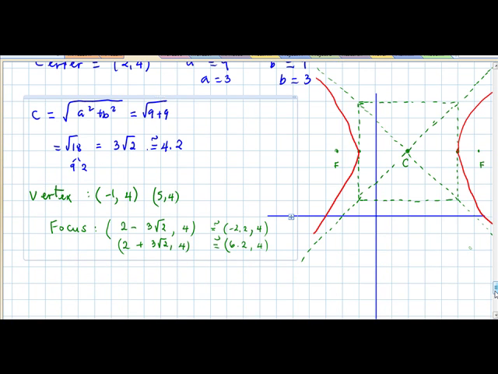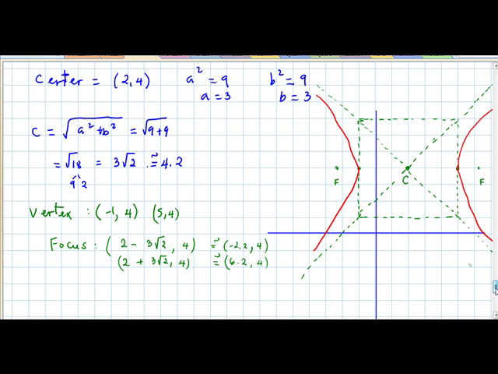So let's say if I don't want to use the formula, I have to find the equation of the asymptotes. I rewrite my equation of the hyperbola down.